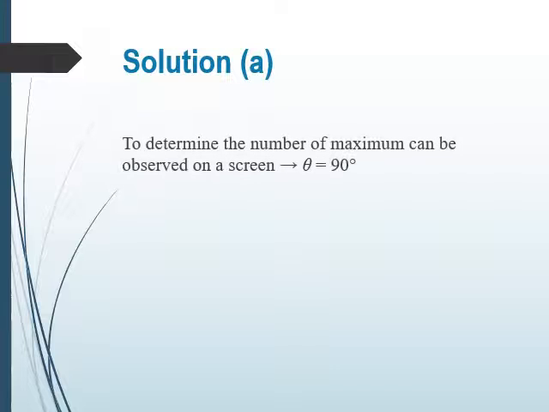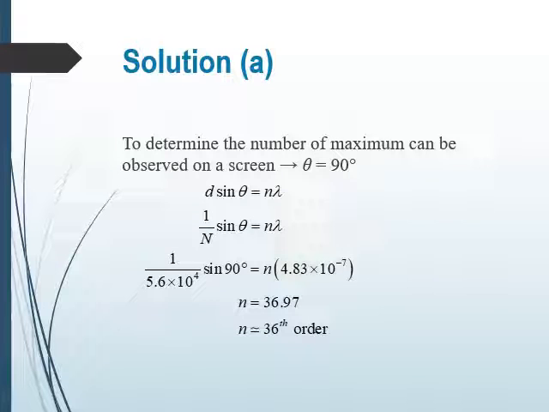To determine the number of maximum that can be observed on the screen, let's assume theta equals 90 degrees. And again, apply the equation 1 over N sine theta equals n lambda. Substitute everything into the equation and you will obtain n equals 36.97. Remember, n, the number of orders, cannot have a decimal point.